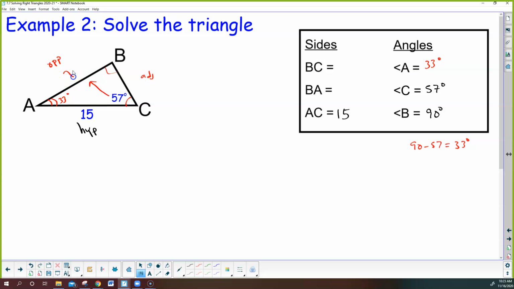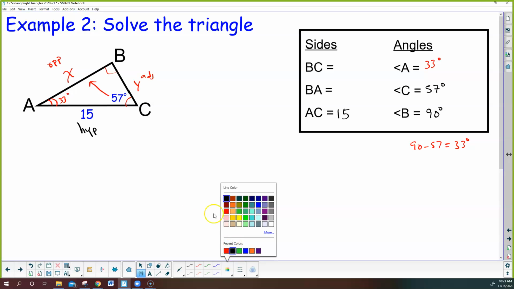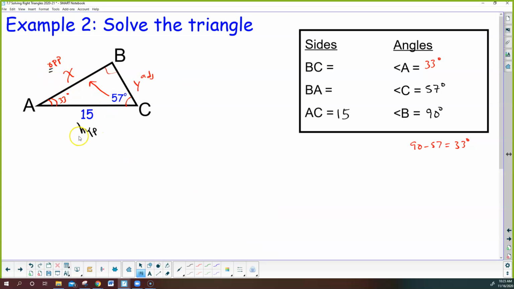Now you could call these X and Y, it doesn't matter. I'm going to go ahead and use the opposite and the hypotenuse. So if I'm thinking SOHCAHTOA, I want to find the opposite and I know the hypotenuse.